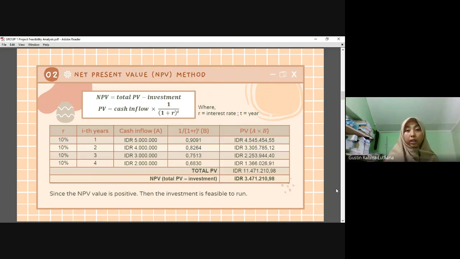We have R, the interest rate, is 10% with an investment period of 4 years, and the cash inflow is shown in the table.